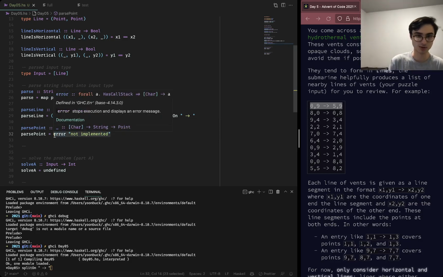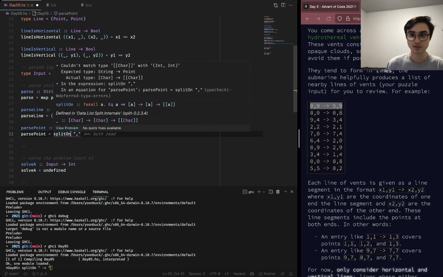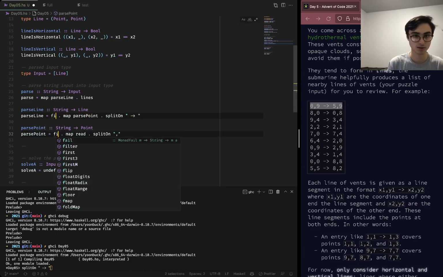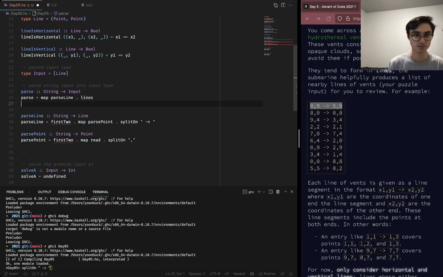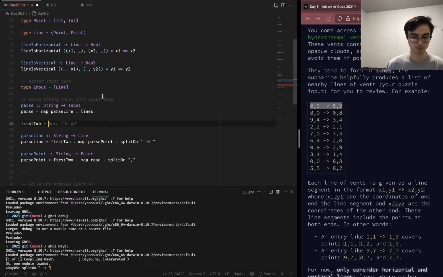So this will also be split on comma, and read, and then same thing. And let's take this out, first two. Oh. Did I copy that? Apparently I didn't.